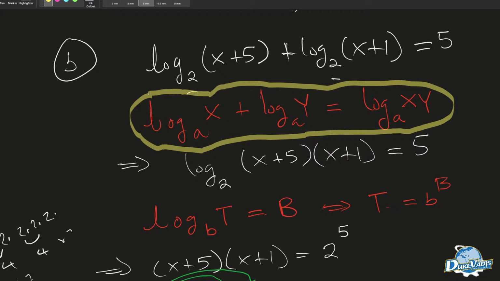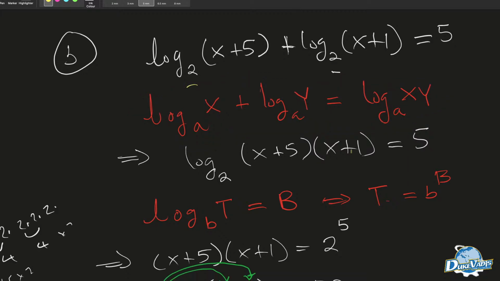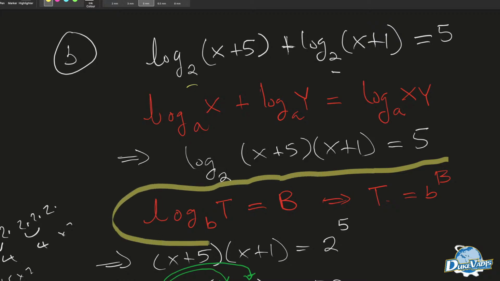So our concentration lay on the form log to the base a of xy. That is why we say log to the base 2 of (x plus 5) multiplying (x plus 1) is equal to 5. After that, we also apply one more principle that we see all the time when doing logarithm. Look at it.